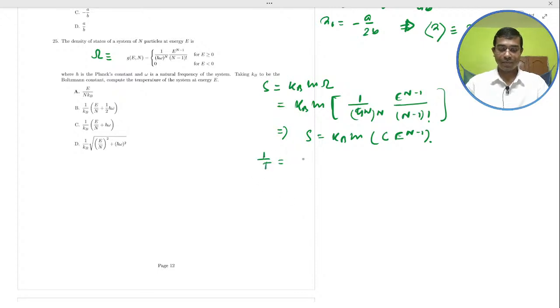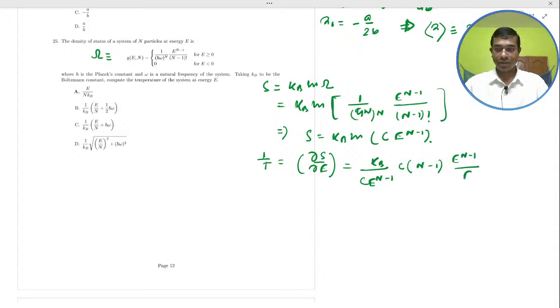So 1 by T equals del S by del E. This will become Kb divided by C E^(n-1), times C into (n minus 1) E^(n-2), that is, (n minus 1) E to the power n minus 1 divided by E. After calculation, this becomes Kb (n minus 1) by E. So the temperature would become E divided by (n minus 1) Kb, inverting it.